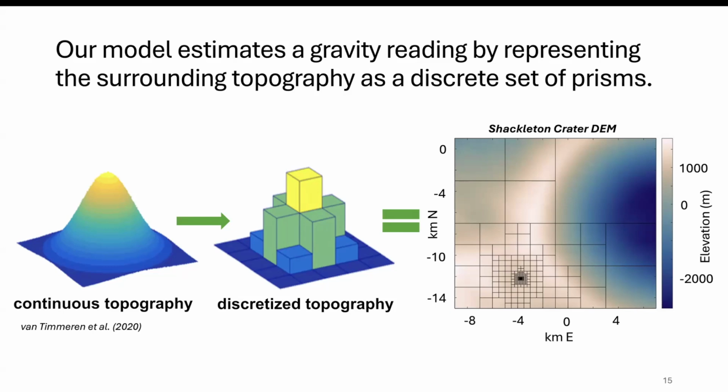And so we split all the topography around you into finite, discretized prisms, because the gravity from a prism is finite and calculable, and I can make a code for that. So basically my code splits the DEM into prisms that get smaller the closer you get to the gravity measurement, because very far away, the gravity values are very small and they can be averaged out over a large surface. So that's why it is okay here, even though there's so much topographic difference.